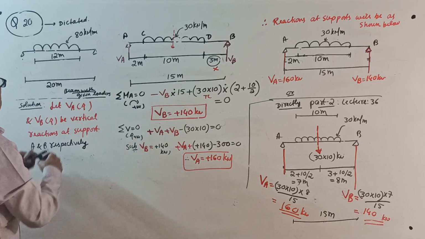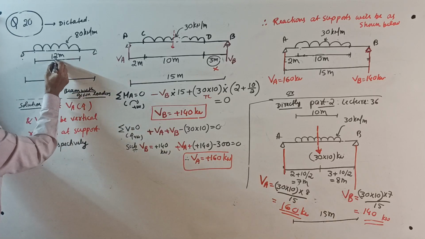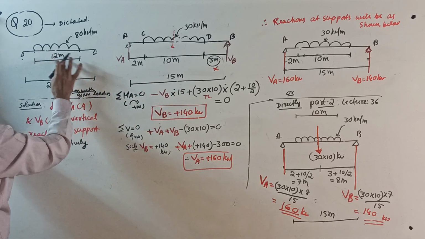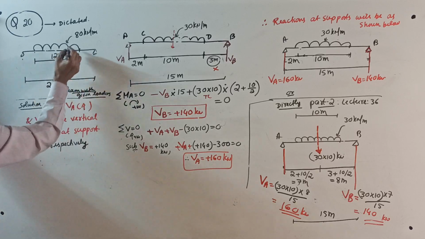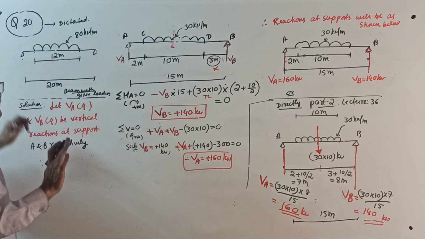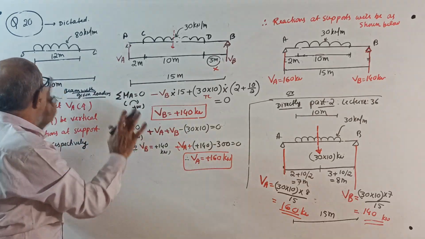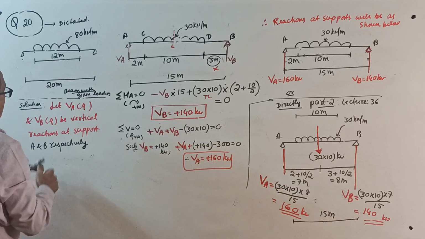See, symmetrically placed means, remember correctly, if this is 12 and this is the load, and the span is 20, you write that the UDL is symmetrically placed, as given in the question. I can't write that in the numericals, so leave it. Make a note here: symmetrically loaded. Okay, over. That's usual.